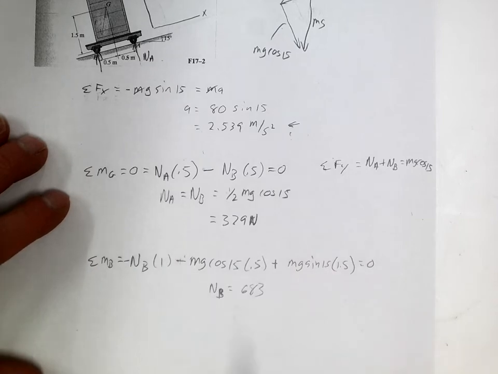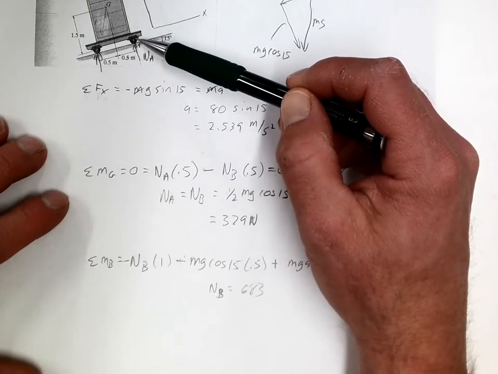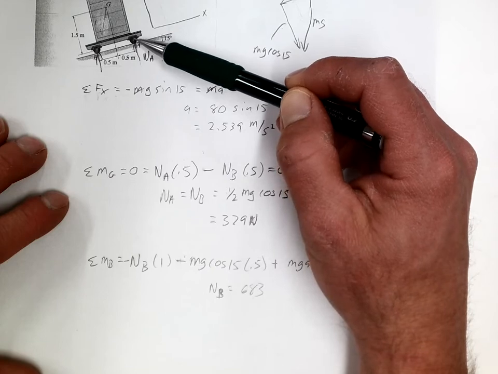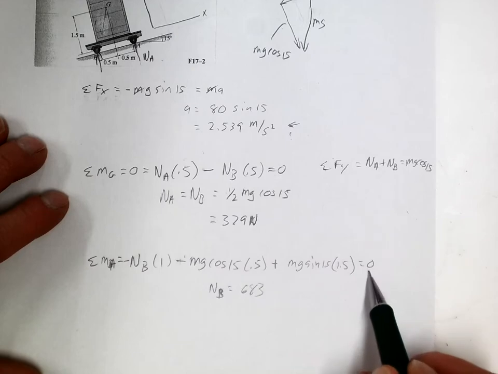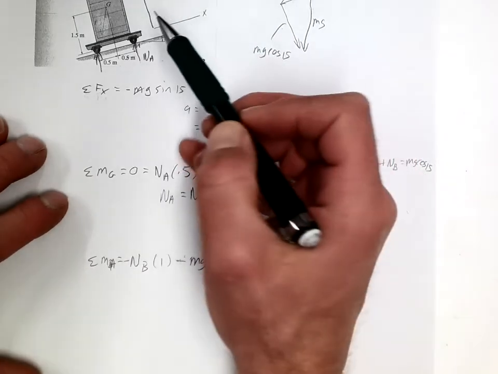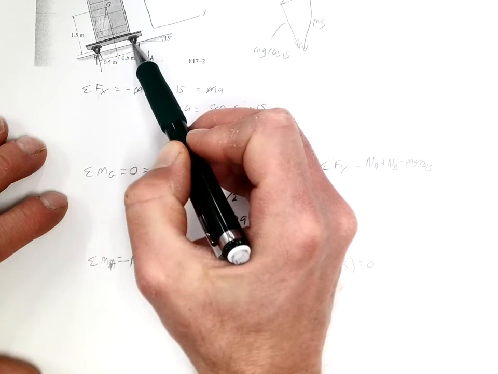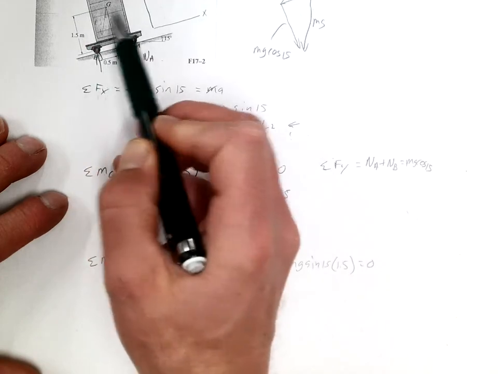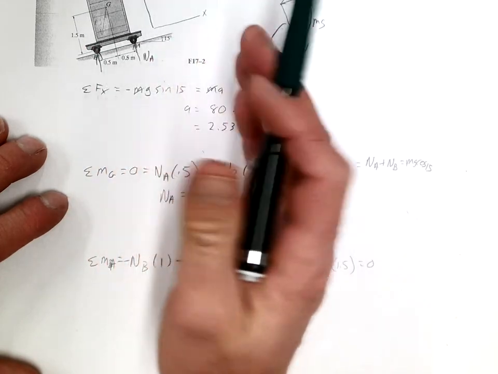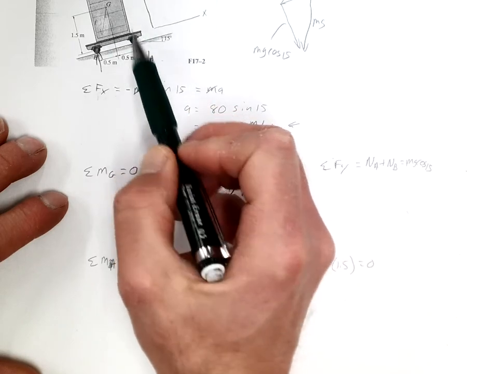Now you're like, that's not correct. So what went wrong? Well, we summed the moments around A, and we said that equals 0. But the truth is, at this instantaneous time, it is rotating about A. It is accelerating about A, because we have an acceleration in this direction, so that acceleration is causing an acceleration about A. We could just take that acceleration and multiply it by the distance r.